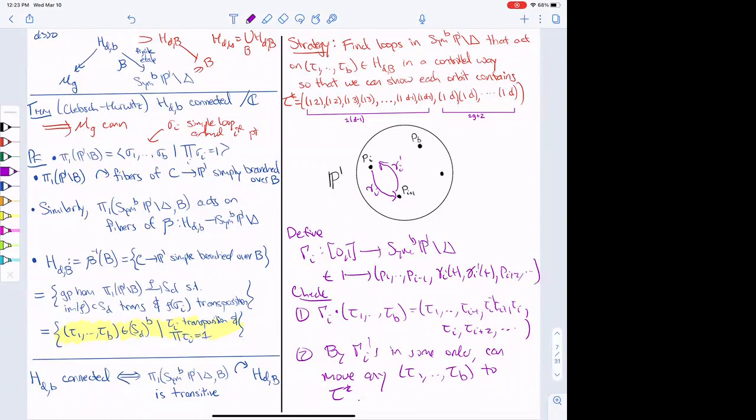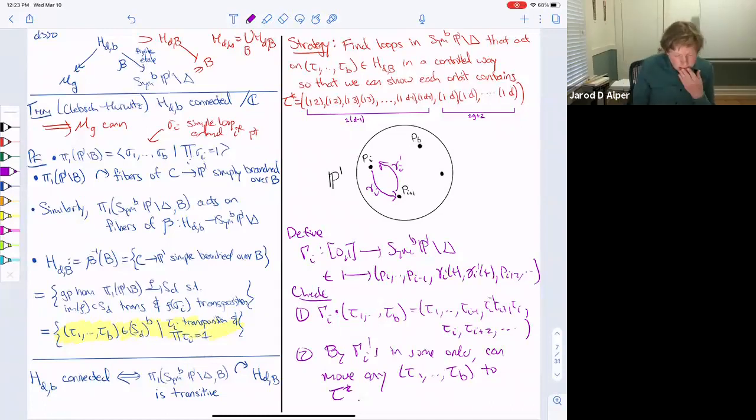Did your transitivity of the subgroup get lost in that highlighted set at the bottom? Oh, good point. Yeah, I think I do need to add that condition. You're right. And that must come up in this argument too.